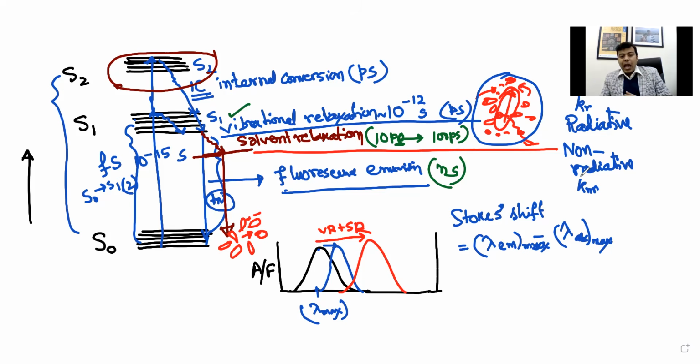This interaction is going to be more profound if there is a significant change in the dipole moment in the excited state. Then, of course, water molecules have to reorient to stabilize the excited state dipole. Therefore, under that particular condition, you expect a lot of collision between the excited state and the solvent molecules.